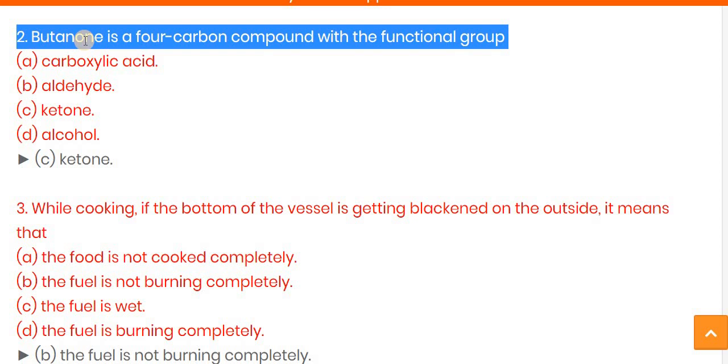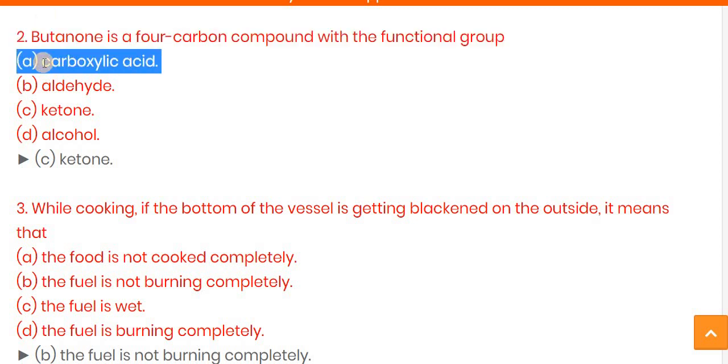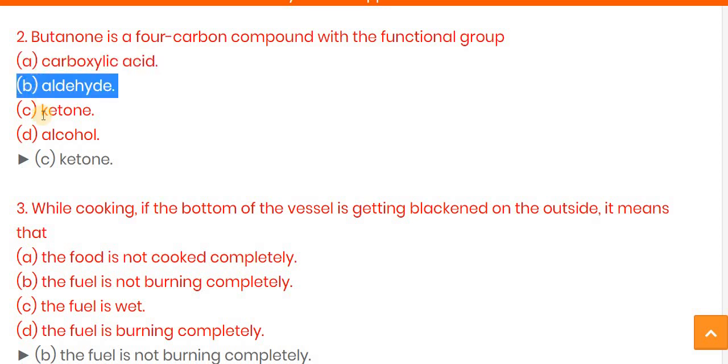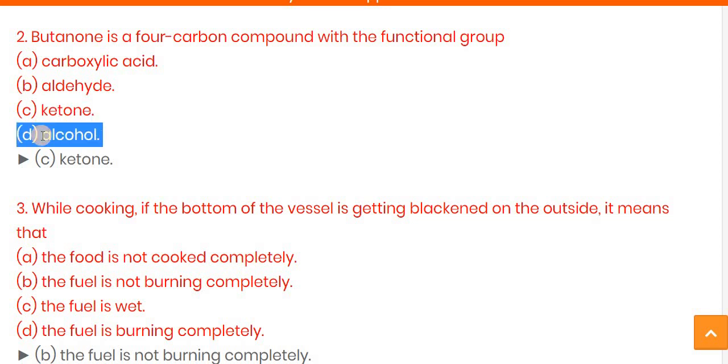So here the name is butanone, where the 'one' suffix has come. The options are: A, carboxylic acid; B, aldehyde; C, ketone; and D, alcohol group. So the answer is ketone.